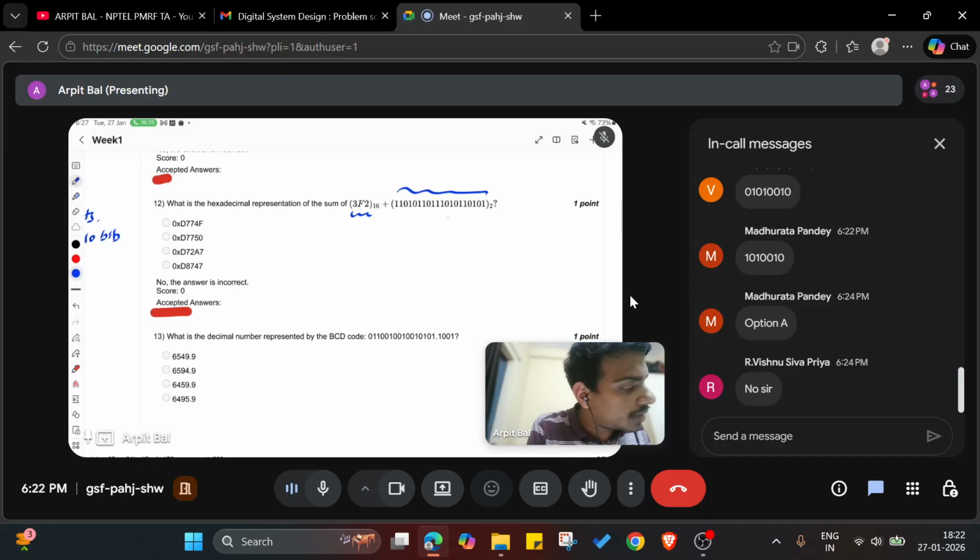So first let me group them into groups of 4. I have 4 bits here, 4 bits here, 4 bits here, 4 bits here, and 4 bits here. Okay. So 0101. What is 0101 in binary?